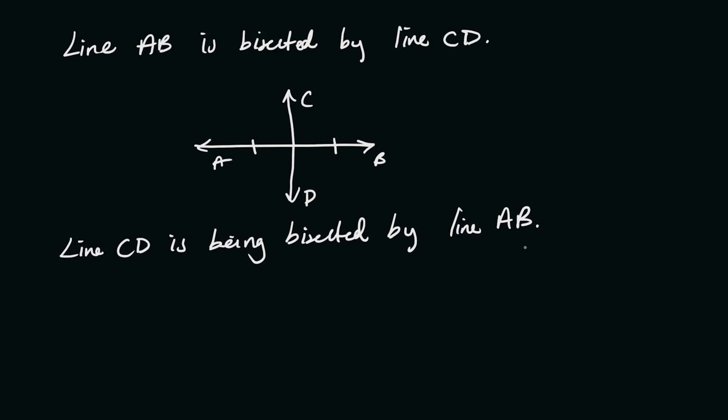Unless they say that line AB is the bisector, or line CD is the one being bisected. But it all comes down to which one's first and which one's the last one. So you have to really look for the wording there, because sometimes they're gonna give you problems that are a little bit confusing, but you still have to make it happen that way.